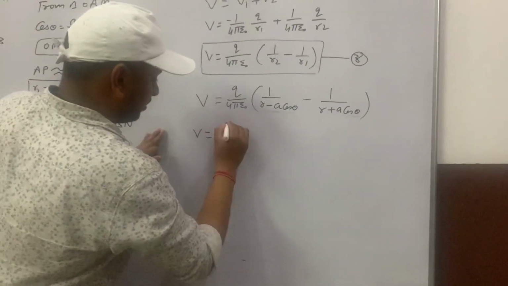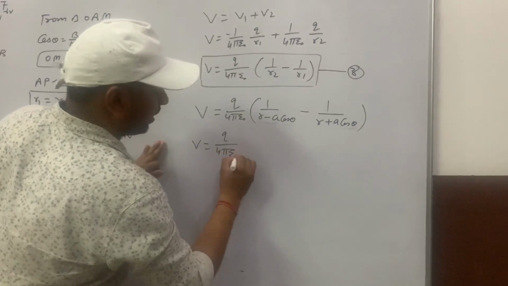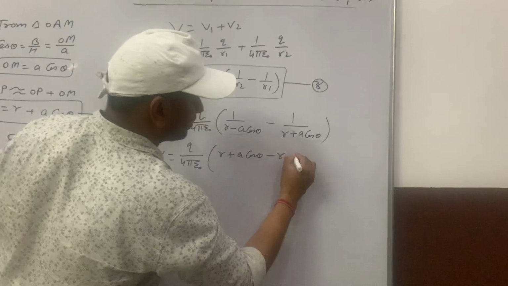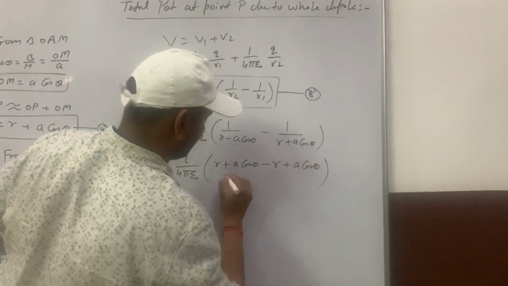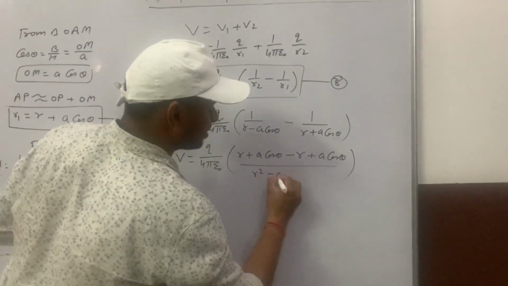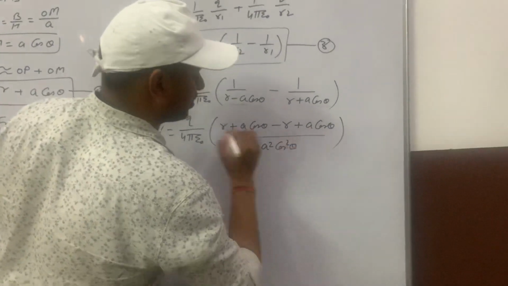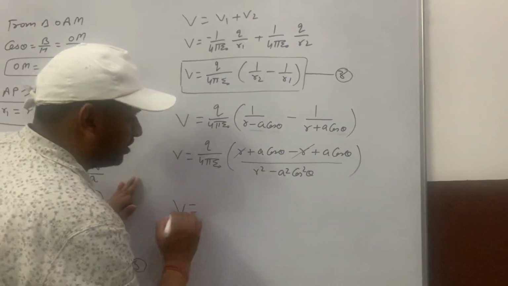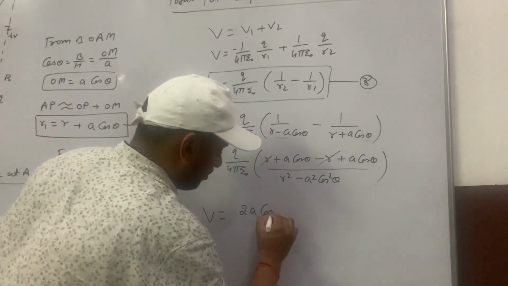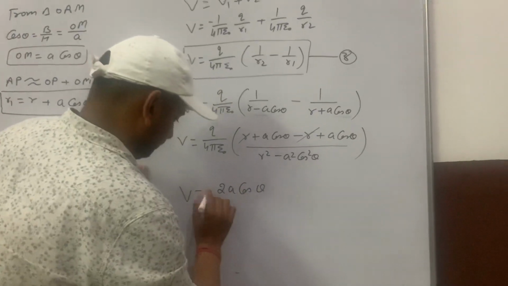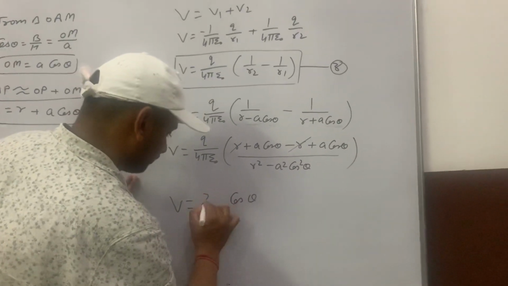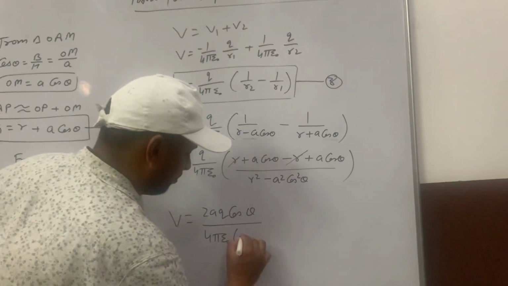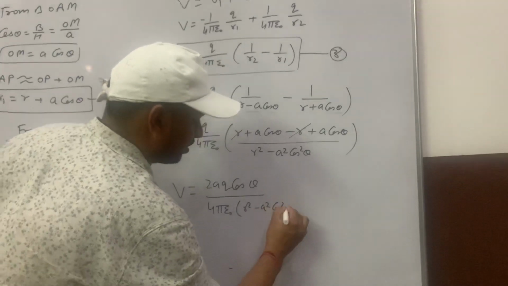If we solve this, q over 4 pi epsilon naught times r plus A cos theta minus r plus A cos theta over r square minus A square cos square theta, and r is cancelled out. So net potential is 2Aq cos theta over 4 pi epsilon naught times r square minus A square cos square theta.